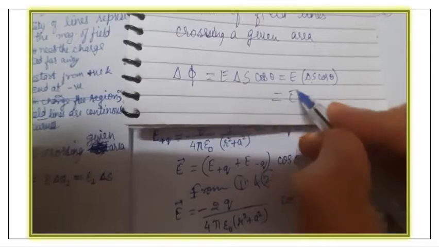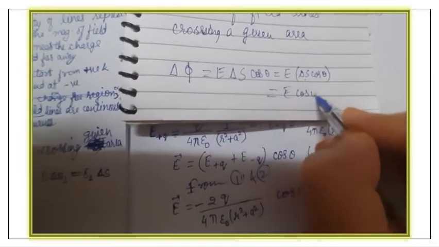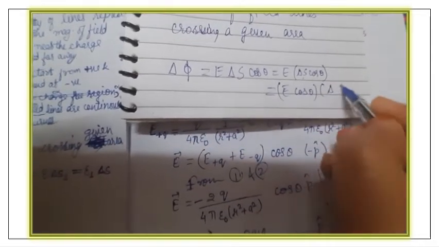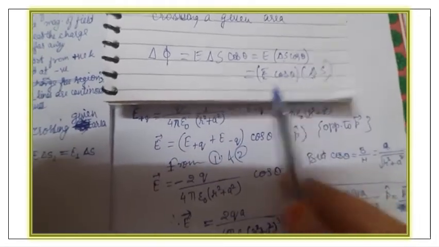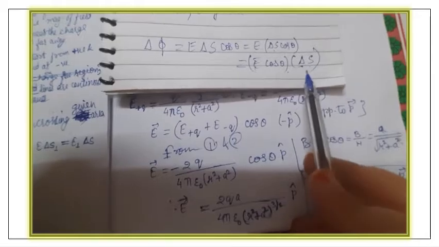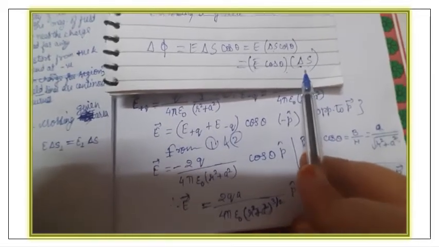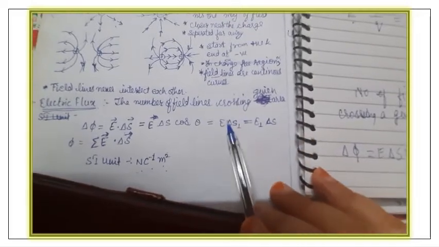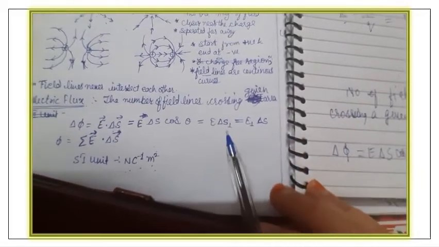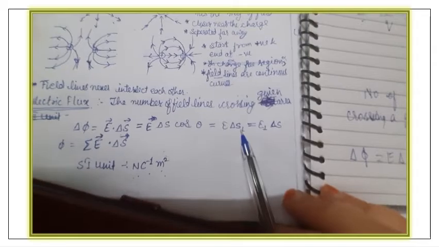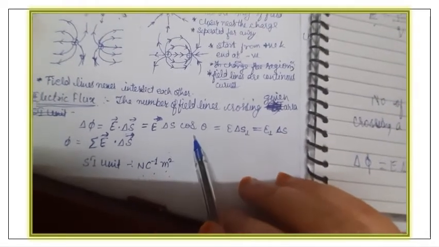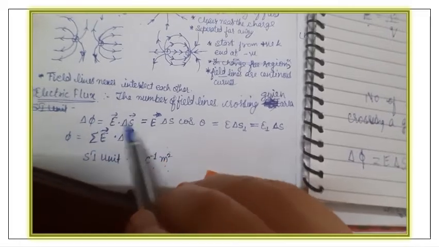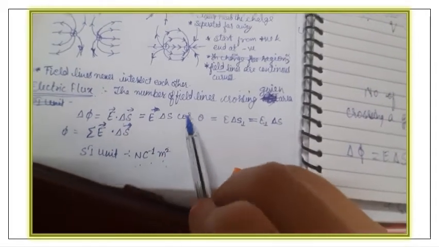Or I can also write E cos theta into delta S, that is, the cos component of the electric field multiplied by delta S, the small area. So both ways, in the form of components of field or components of area, we can write it. Anyway, the expression for flux for a small area is E dot delta S or E delta S cos theta.